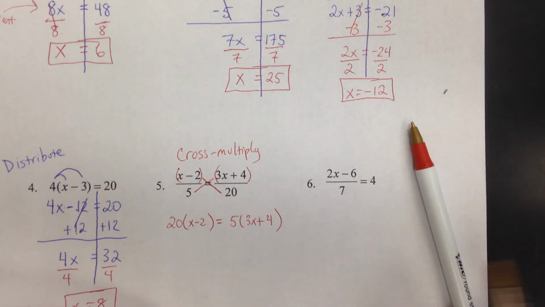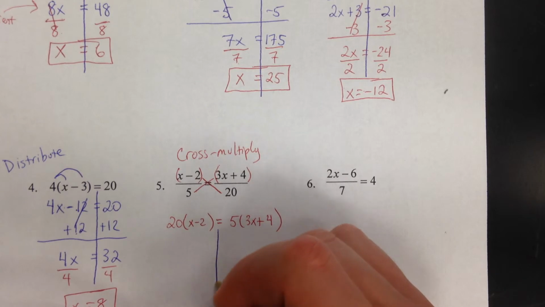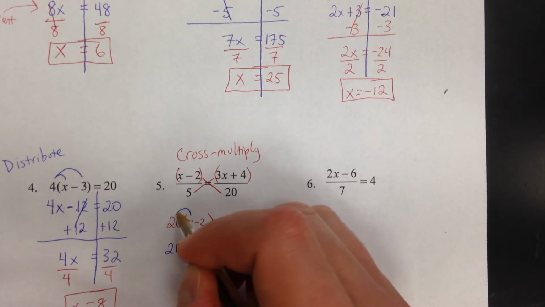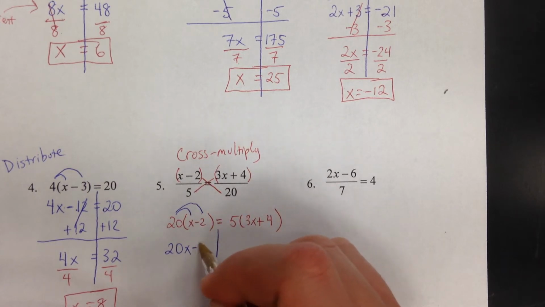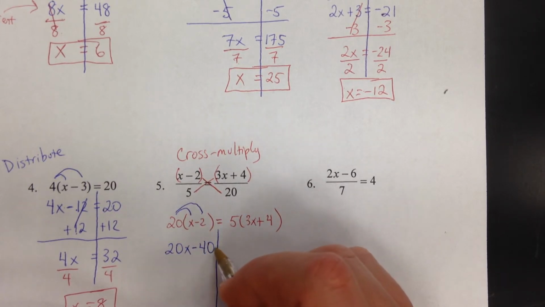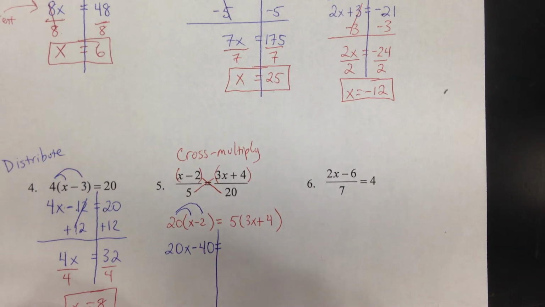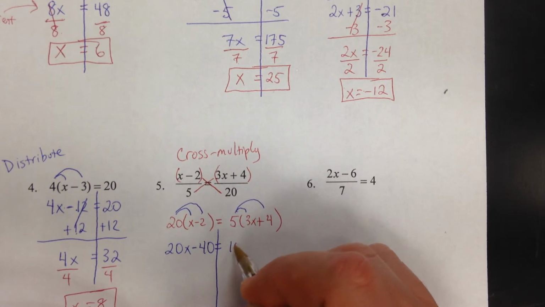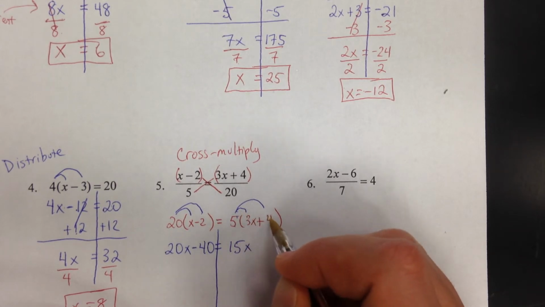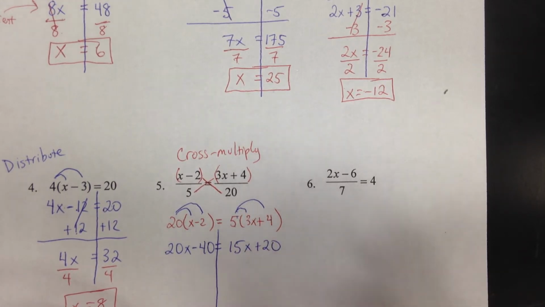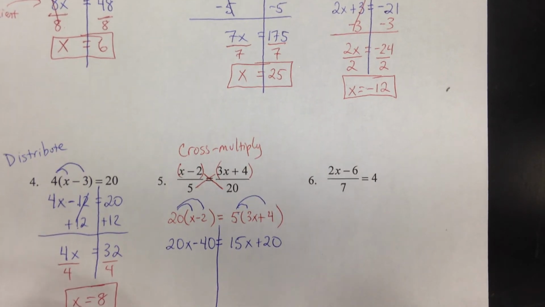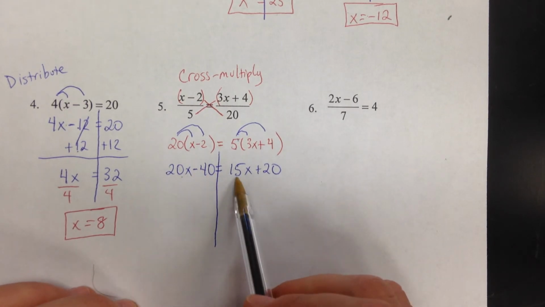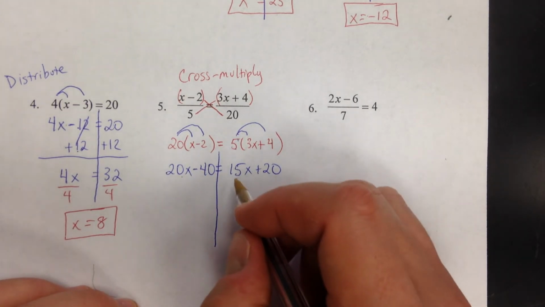Okay, so now let's distribute. 20 times x is 20x. 20 times negative 2 is minus 40, equals, I always write the equals there. Now we're going to distribute the 5. 5 times 3x is 15x. 5 times positive 4 is positive 20. Now at this point, we want to get the variables on the same side. 20x, 15x, I'm going to move the 15x because it's smaller.